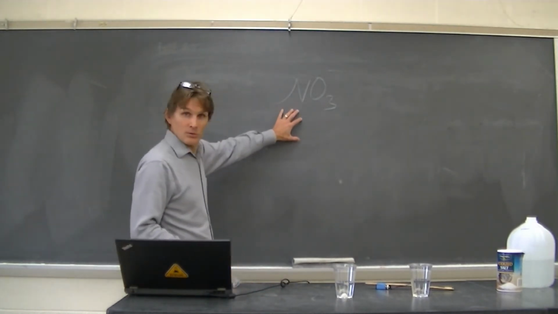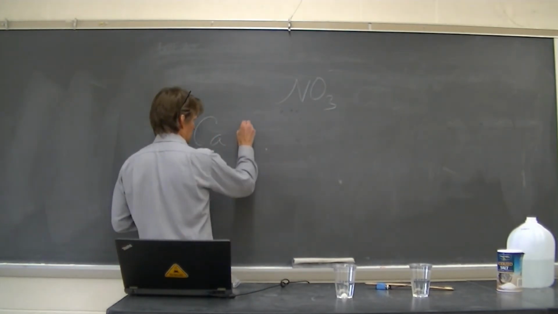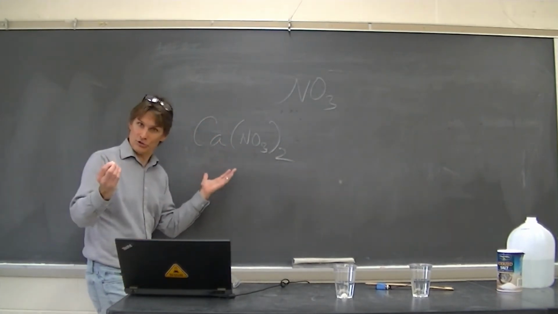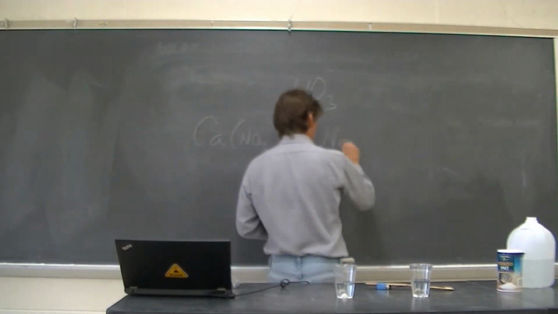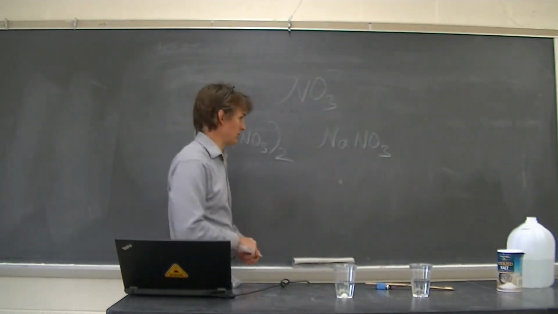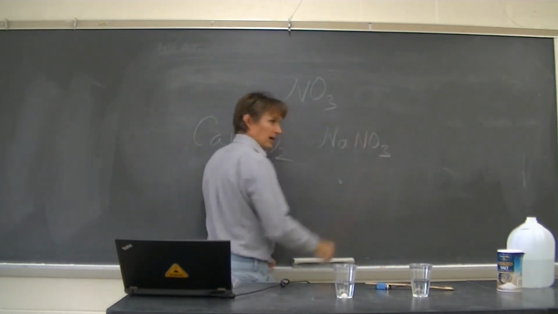With nitrate, any nitrate salt, so let's see, calcium nitrate, it's got nitrate, so it's going to dissolve. Sodium nitrate, well, of course that's going to dissolve. It's got two things in it that tell us it's going to dissolve: an alkali metal cation and the nitrate ion.